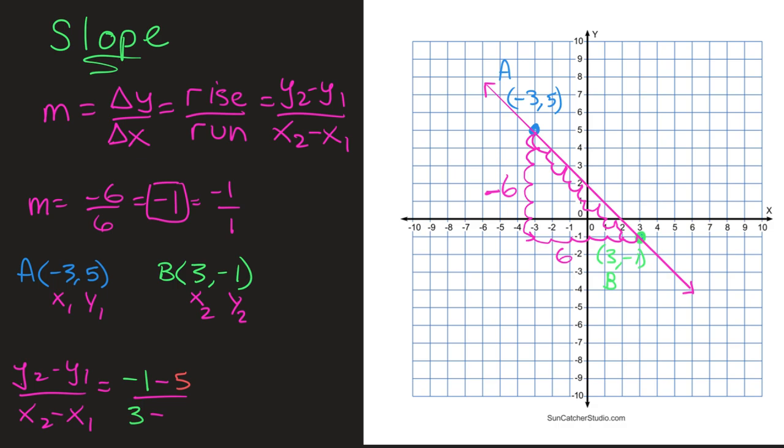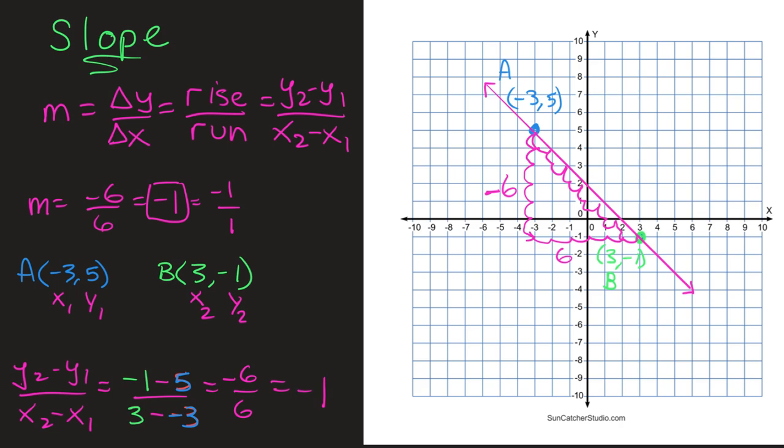Oh, why did I do that in orange? It should have been blue. Oh well, I'll do that again. So now what we got is negative 1 minus 5 is negative 6, and 3 minus negative 3 is 6, and there you go. You get the same slope. This is exactly the same as doing that. So this just comes from the graph, and this is from the formula. And so that's equal to negative 1.